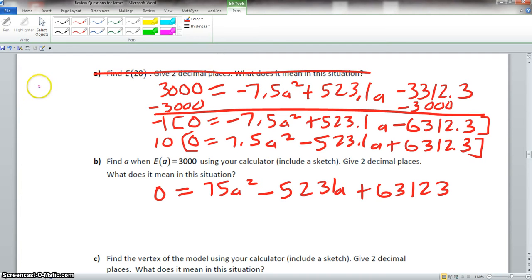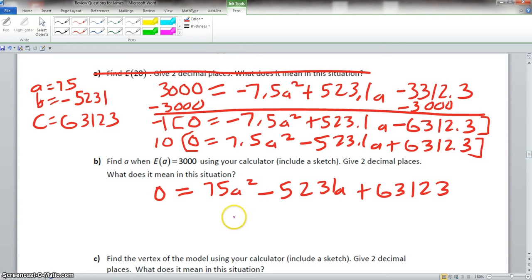Now we list our A, B, and C. Our A is 75. Our B is a negative 5,231. And our C is 63,123. Now I'm going to write this out as far as the quadratic formula, and then we're just going to put this in a calculator and solve it.